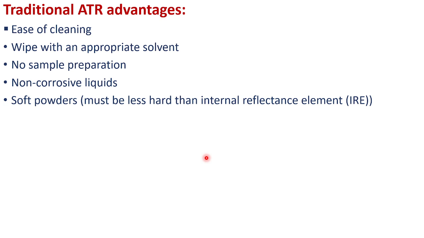The main advantage is that you do not need to prepare any sample. Like if someone is doing FTIR in KBr, you have to first prepare a KBr pellet. But in case of ATR, you don't need to prepare a sample. Whether it is liquid or powder or gel, you just put your sample and you will get the data.